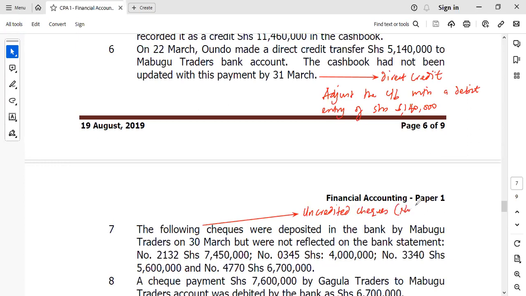And these are not adjusted cash book items.